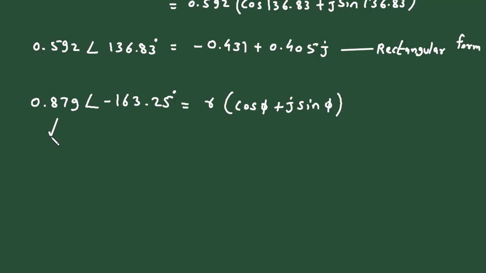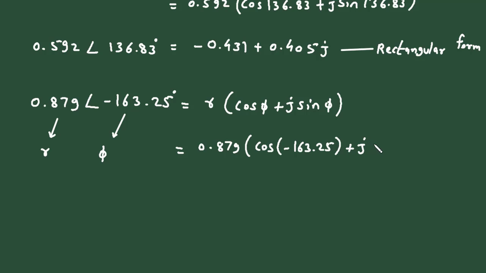Here r is 0.879 and phi is minus 163.25, so 0.879 times cos minus 163.25 plus j sin minus 163.25 degree.